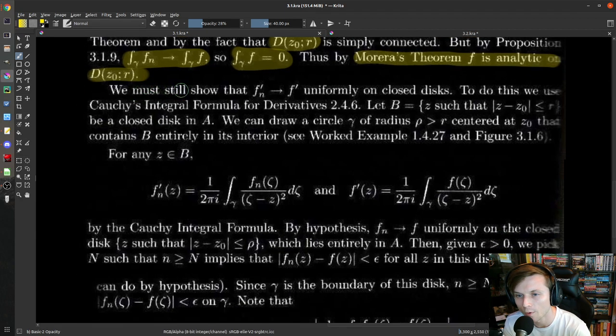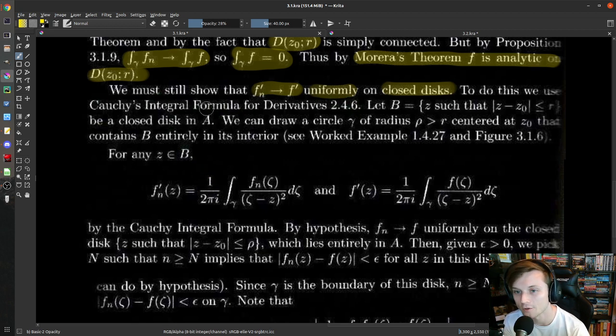So, we want to show that the derivatives of these Fn's converge to F's derivative uniformly on closed disks. We're going to use Cauchy's integral formula for derivatives. Remember, this let us represent the kth derivative in terms of a contour integral of a quotient with f over zeta minus z to a power, for a given point z inside of the contour, and of course with a little adjusting factor, 1 over 2 pi i.